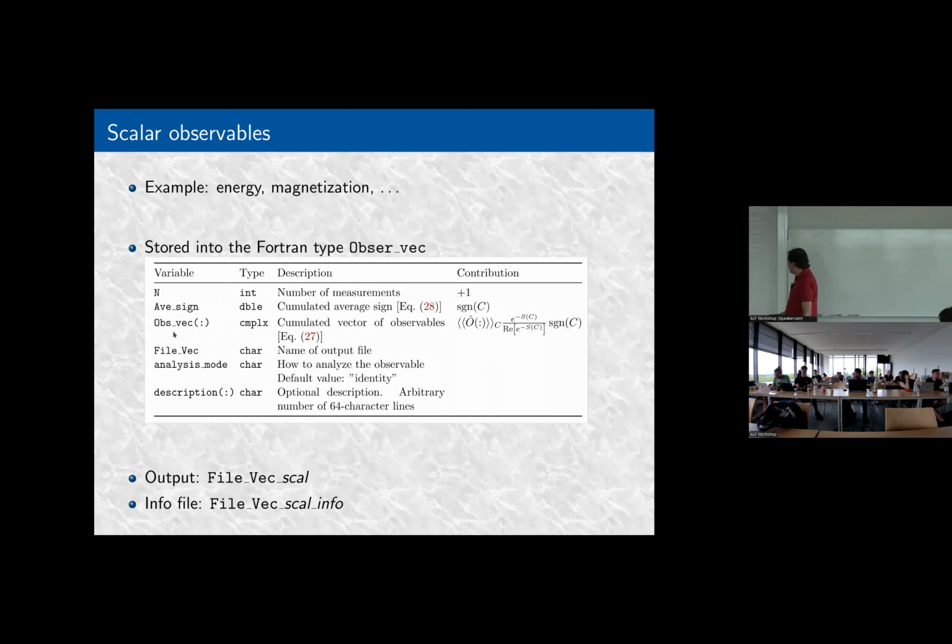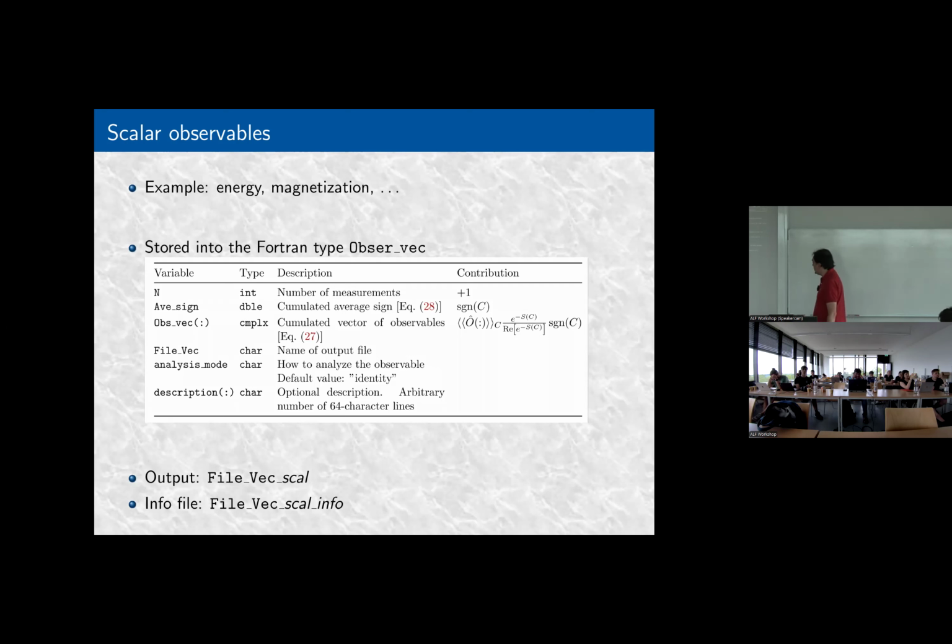And an Obs_vec, which is a vector of complex numbers that contains the average, or better, the accumulated measurements you have accumulated during the sampling. And then there are a few other fields which contain, for example, the output file where it is stored, or some description, and some analysis mode, which depends on how you would like to compute the analysis of this observable.